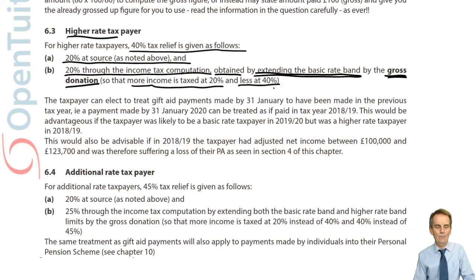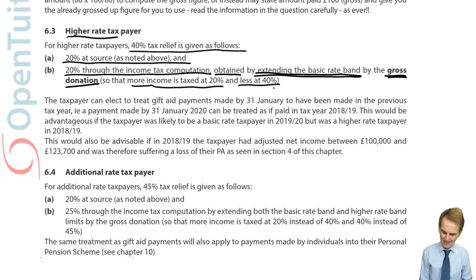Well, imagine now that I had got a gross gift aid payment of, I'm going to be very generous now, £1,000. I donated £800 to my favourite charities, and the £800 net is £1,000 gross. So what do we now do before we start to do our tax calculation and compute our income tax liability?